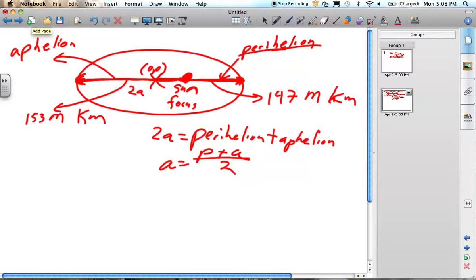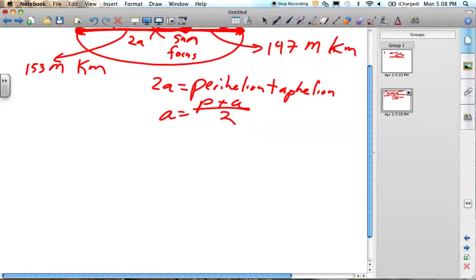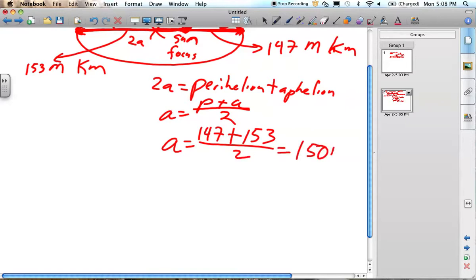Let's go ahead and get A, and we'll deal with millions of kilometers. A is 147 plus 153 over 2, which is 150 million kilometers. And that gives me A.